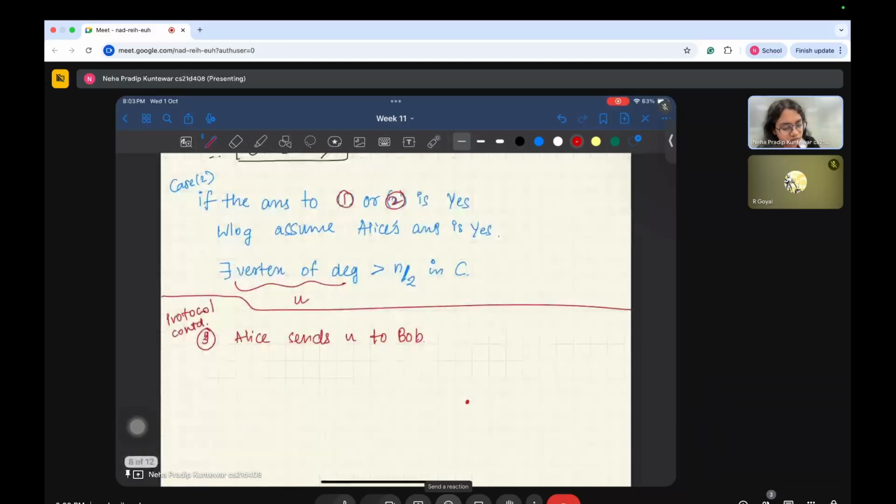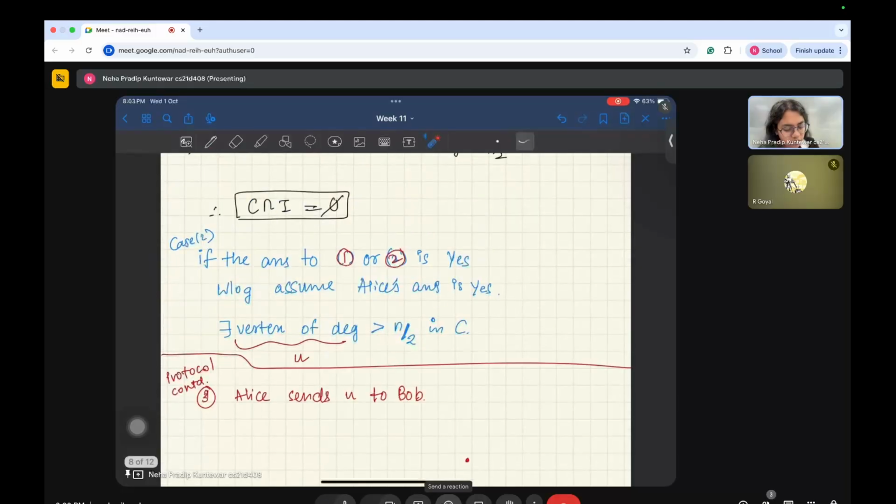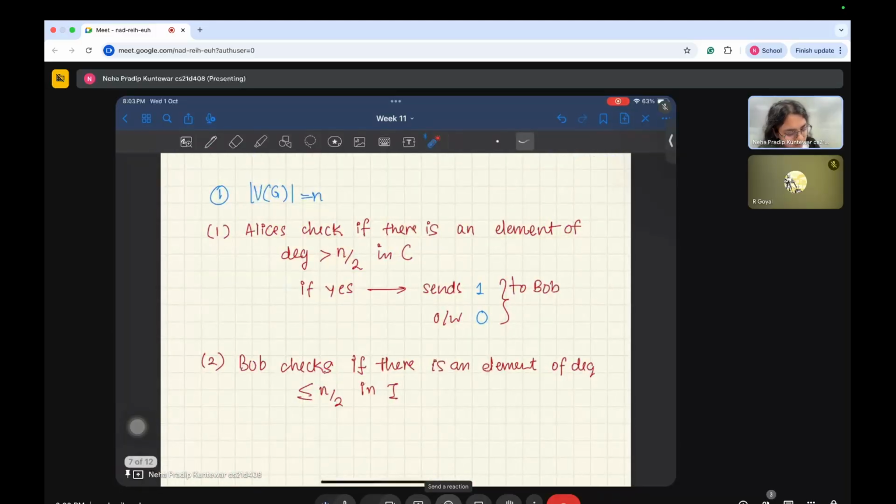Actually, notice that in this case, at least one of these is going to be, either this is of degree greater than n by 2, or this is of degree greater than n by 2.